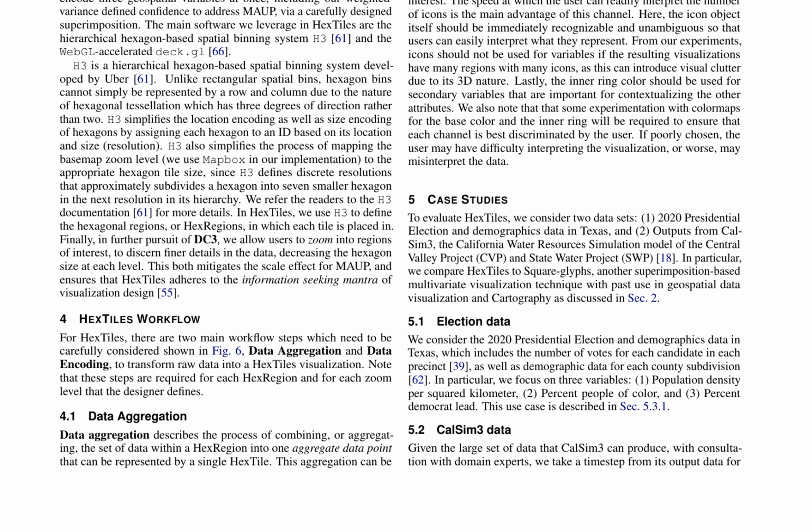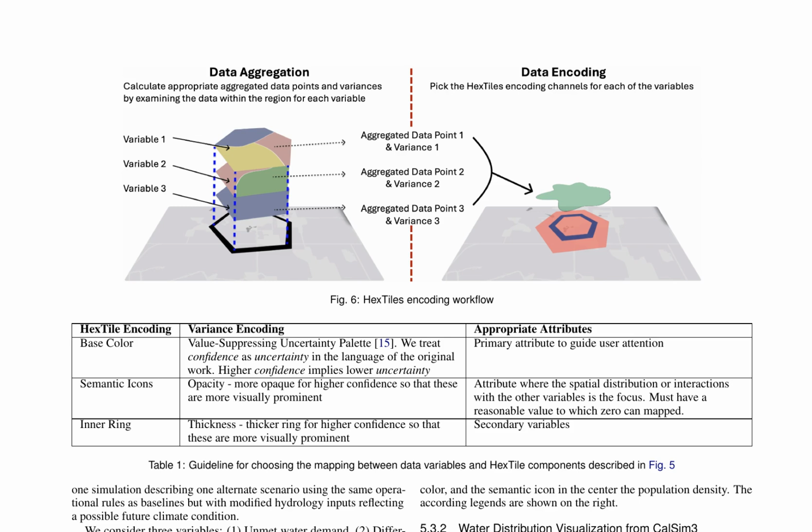These case studies showcase the potential of HexTiles in facilitating the visualization of complex geospatial data, while mitigating the limitations imposed by the Modifiable Areal Unit Problem. The authors present a visualization framework for encoding variance in multivariate data using HexTiles, a novel visualization technique.